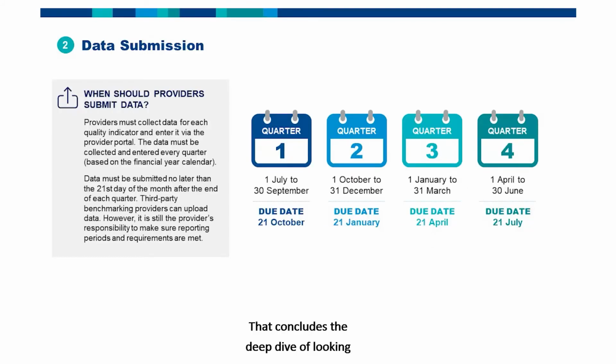Okay, so that concludes the deep dive of looking specifically at the QI program requirements. Now we're going to take a second to have a look at the data submission requirements. So the QI program data collection cycles have not changed and remain in line with the financial calendar year.